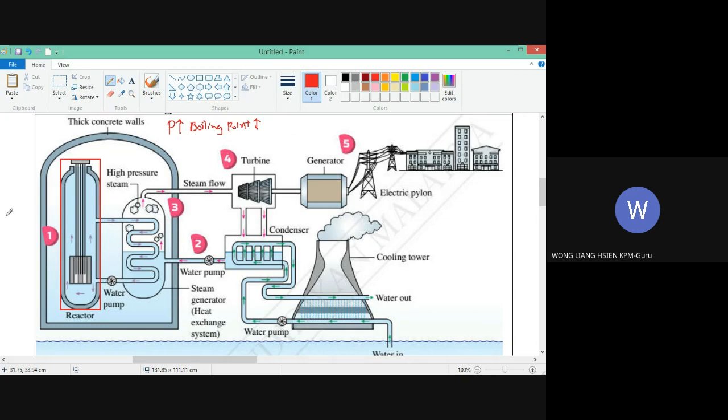Here at sea level, the boiling point is 100 degrees Celsius, but on top of the mountain, the boiling point is lower than that. I can't remember how much, I think 80 something or 90 something degrees Celsius. If you go to space or in vacuum, the boiling point of water will be much lower, so the water can turn into gas very easily in vacuum.